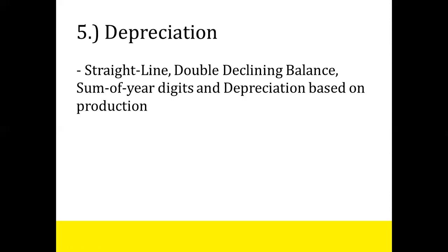Ang masasabi ko lang, double declining balance and sum of year digits are accelerated depreciation methods. Yun ang pagkakaiba ng double declining balance at sum of year digits sa straight line method.